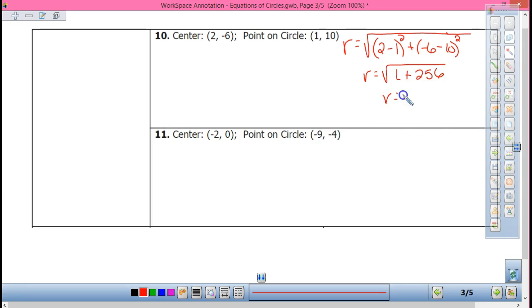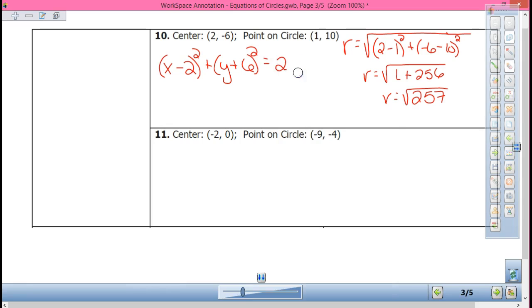So my radius is the square root of 257. So my equation, (x - 2)² + (y + 6)² = 257. Okay, not as horrible as what we thought it was going to be, right?